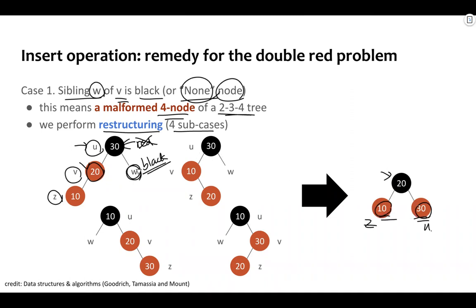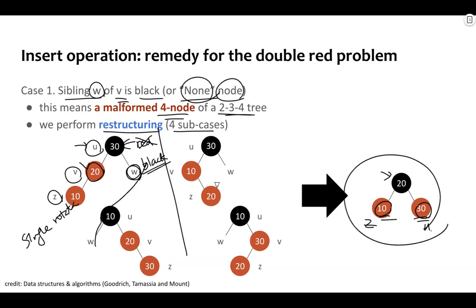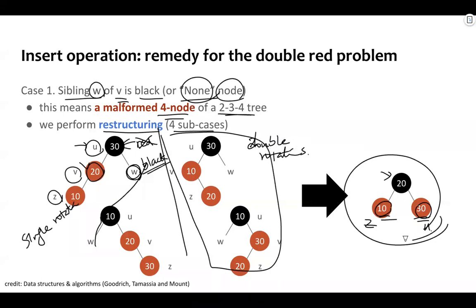So in these 2 cases, we can do just single rotation to reach this configuration. And these 2 processes require double rotations to reach this configuration. And we saw how we can implement rotations in the AVL class.